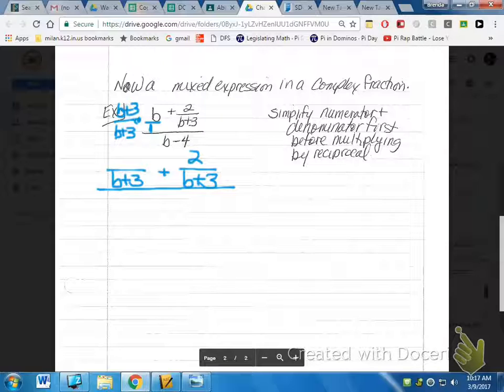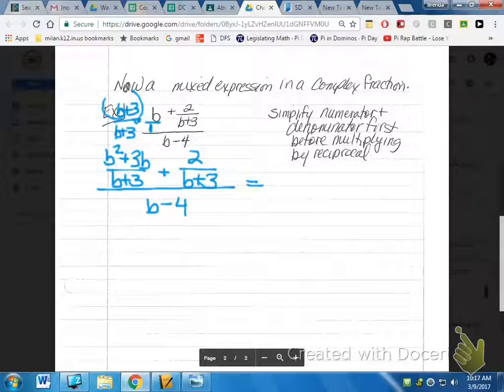And what that does for me is the top, I have to distribute that b and make it b squared plus 3b. Okay, now the denominator I'm going to leave alone for right now. It's not too messy, and put it over b minus 4.